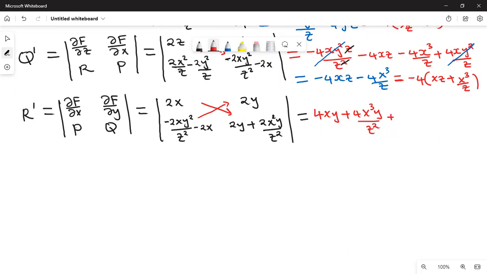So we expect this to be a plus now: 4xy cubed over z squared, then plus 4xy. So is there anything that will cancel? I can see 4xy, that's twice, so that will give us 8xy.